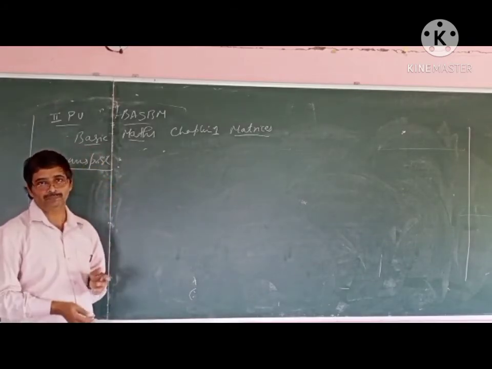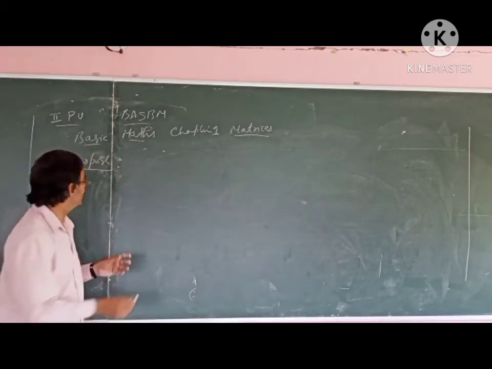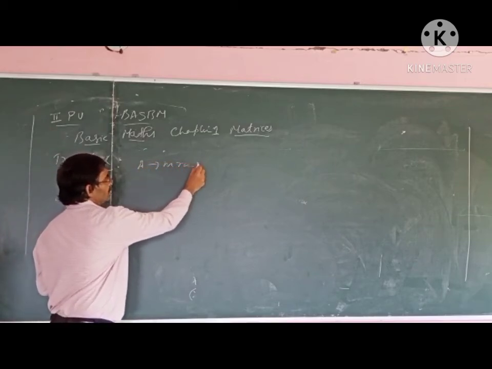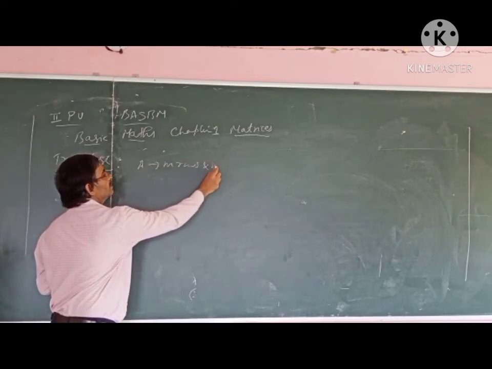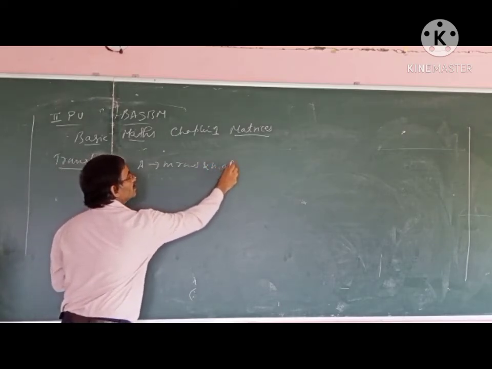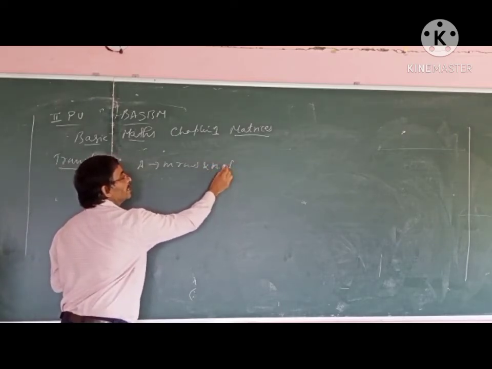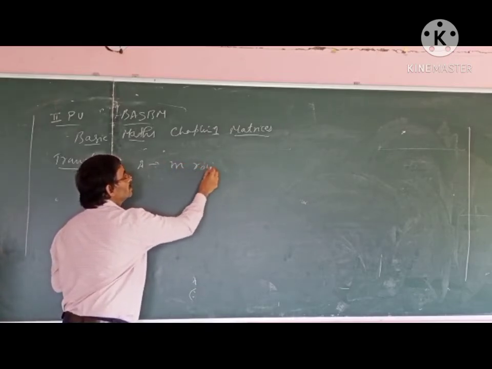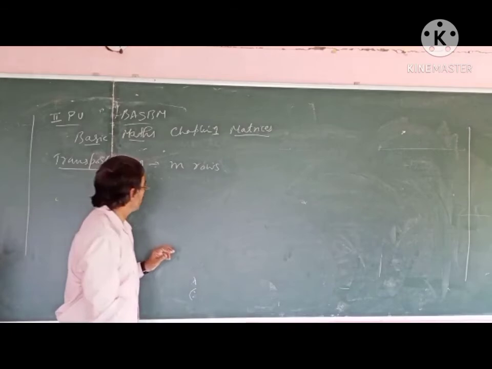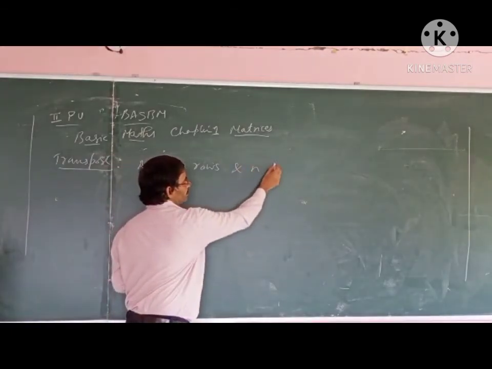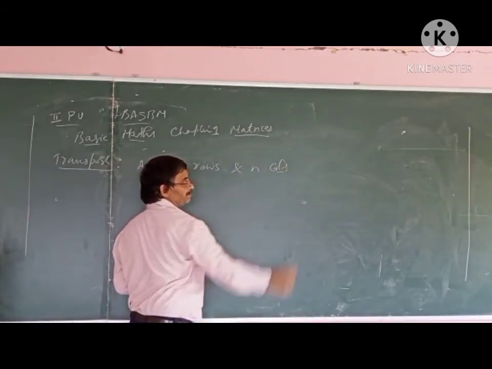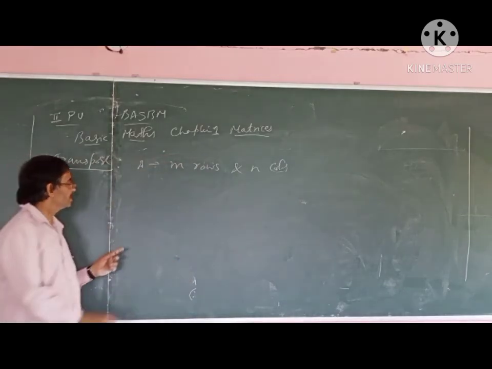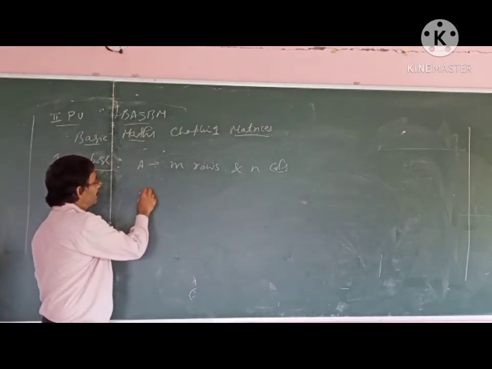Transpose, how will it work out? If a matrix A has m rows and n columns, then its transpose is given by A dash.